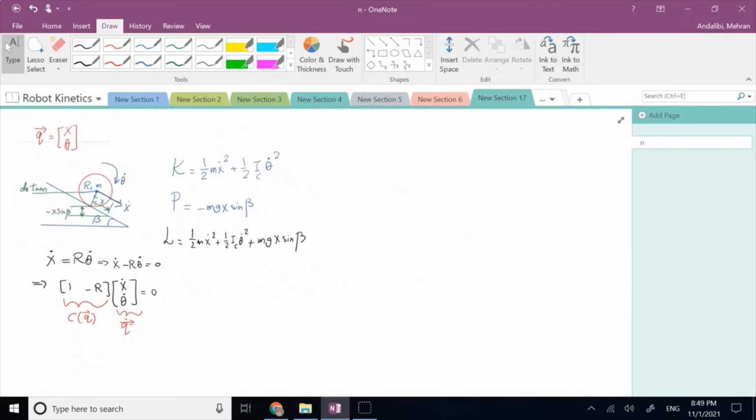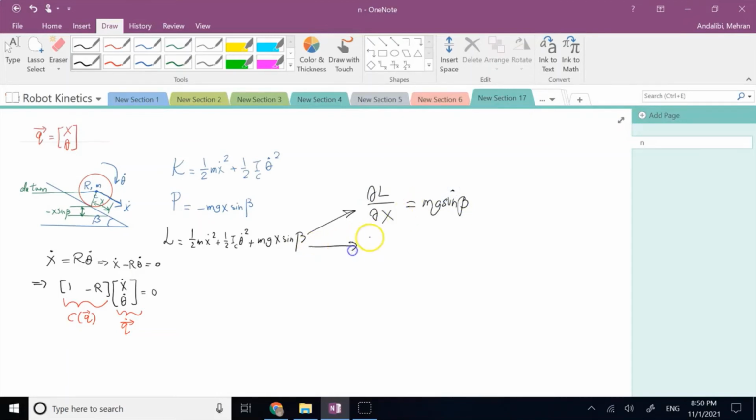And here I'm going to incorporate this into my equations. Let me first go ahead and calculate my partial derivatives. So what is partial of L with respect to x? You clearly see this mg sine beta.